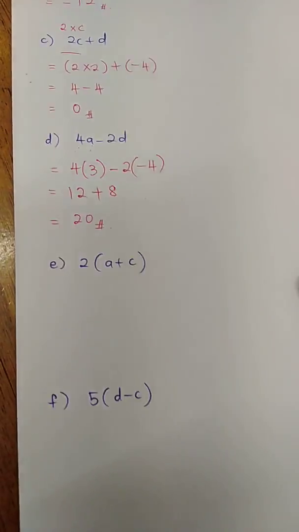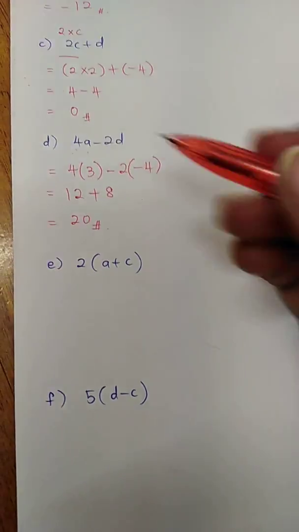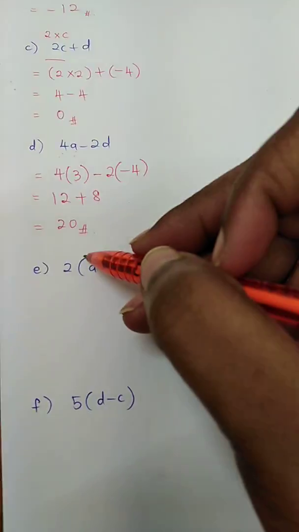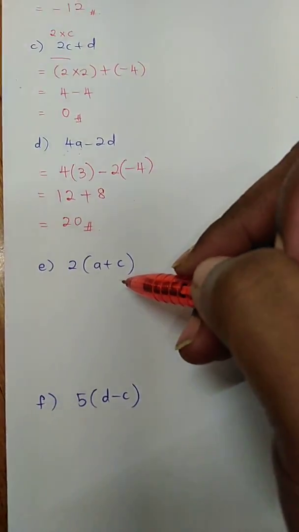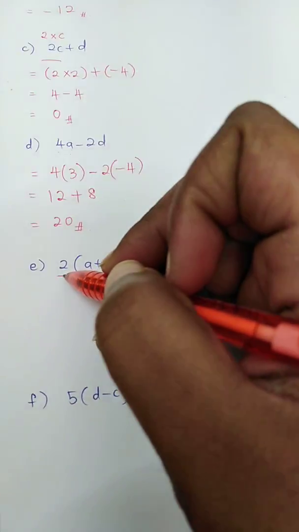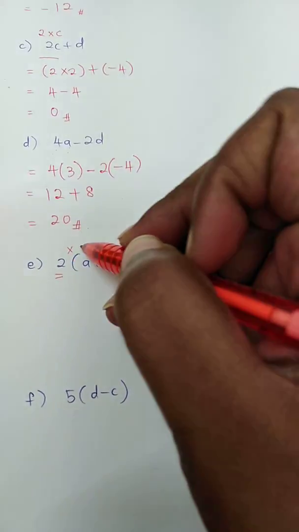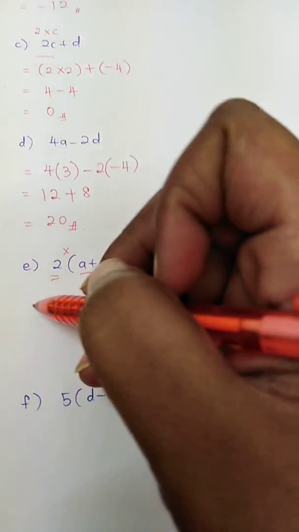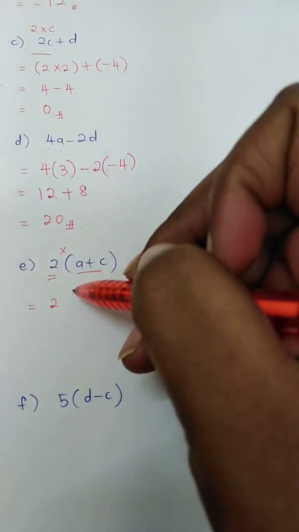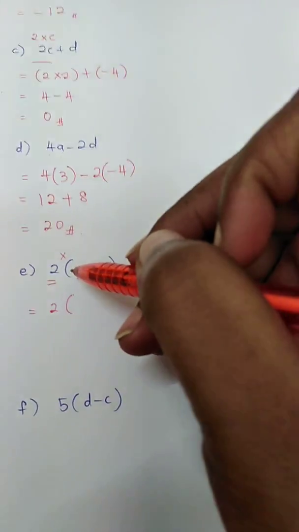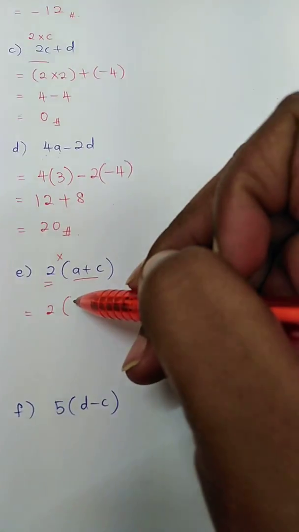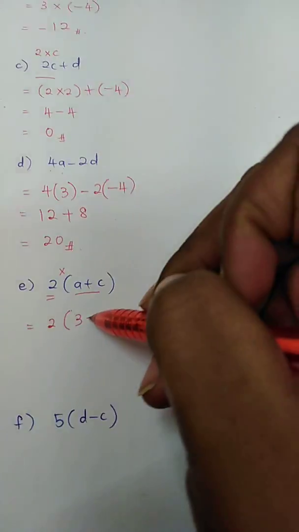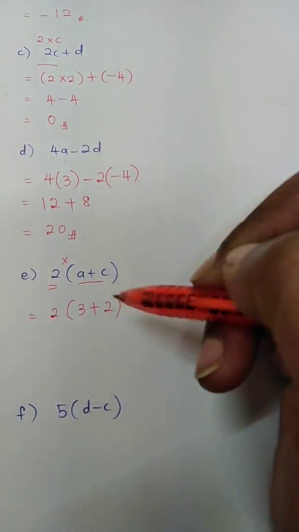Now for the following question, we have 2 times (A plus C). When you have brackets like this, it means this particular number multiplies the whole expression. So this is 2, just write it in brackets, A plus C. The A value is 3, please look at the question again, and the C is 2.